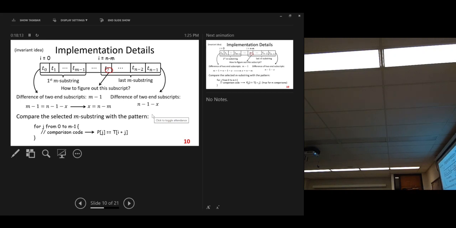We want to get a correct comparison for all j. Then it's a match. So that's simple. That's the brute force, straightforward.